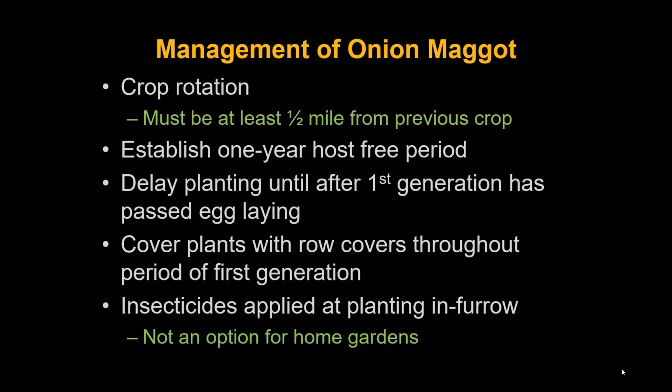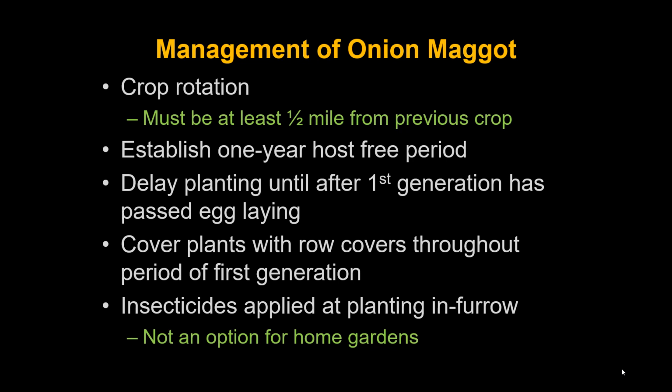So in commercial production, onion maggot can be managed quite well if you can rotate, but you need to be able to rotate at least half a mile from a previous crop. These are not strong flying insects, and they're limited to allium, but many farms aren't big enough to have the luxury of being able to go 5 miles down the road to plant their onion crop.